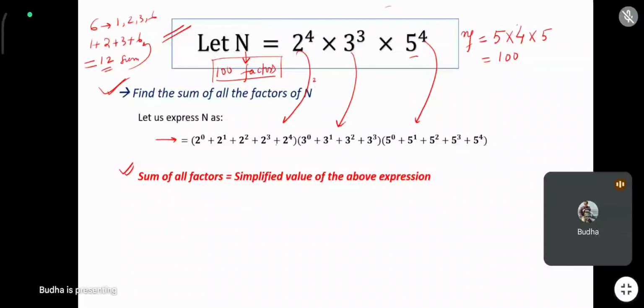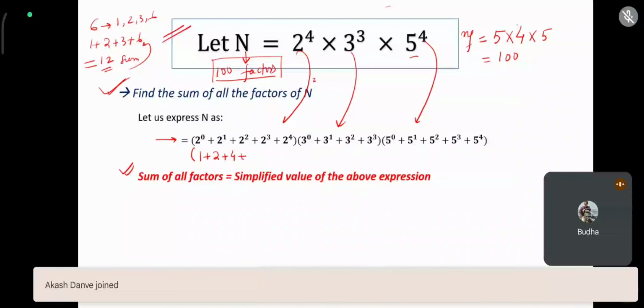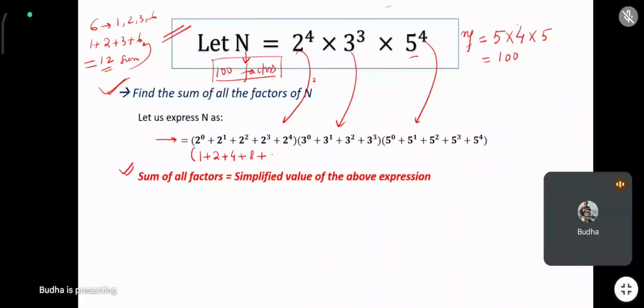अब मैं इसको solve कैसे करूँगा? This is 1 plus 2 plus 4 plus 8 plus 16. So this is 1 plus 3 plus 9 plus 27. 1 plus 5 plus 25 plus 125 plus 625.